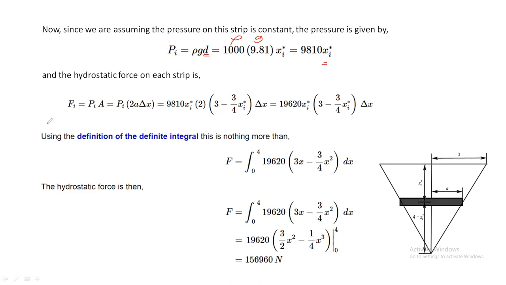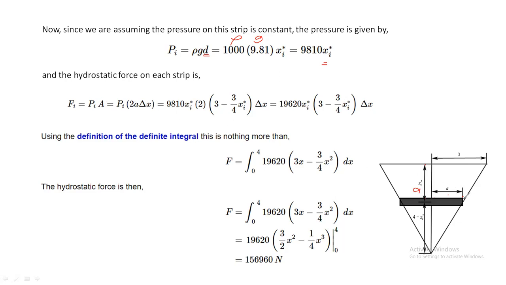Okay, but then we know that hydrostatic force is the product of the hydrostatic pressure and the area. So you have pressure here. What about the area? Isn't this one A? This is A. So then this must be another A. So A plus A, you have 2A.